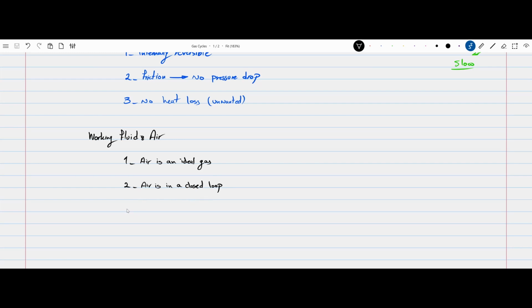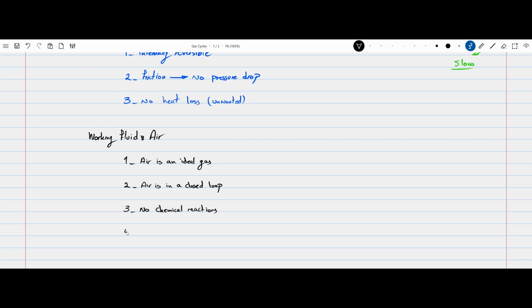The next assumption that we are going to make is that the air composition through the processes is going to remain the same, meaning that combustion, which we know in practice changes the composition of air, is not affecting air properties from a thermodynamic perspective. So, no chemical reactions.